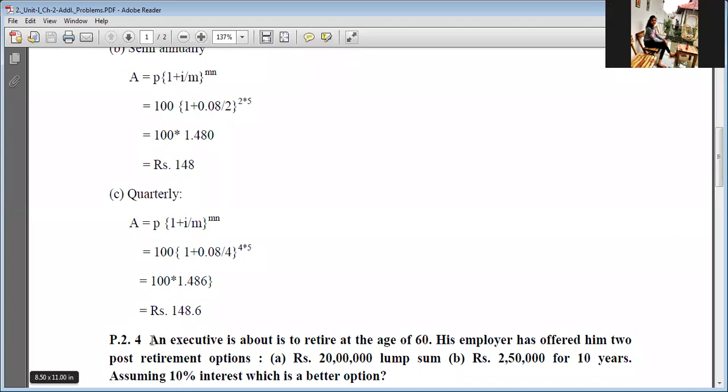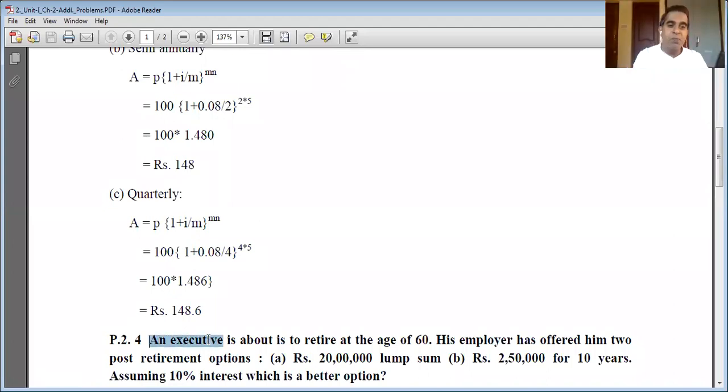An executive, I mean an employee, is about to retire at the age of 60. So this is the situation. His employer has offered him two post-retirement options. So after retirement, the employer has given him two options.